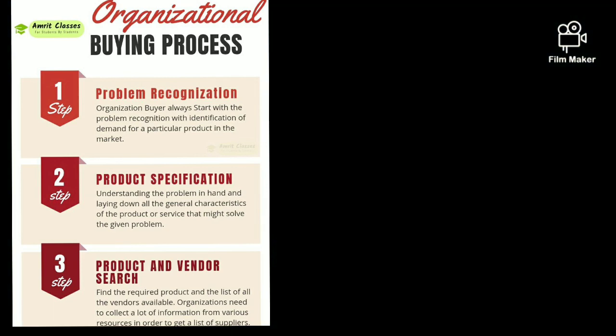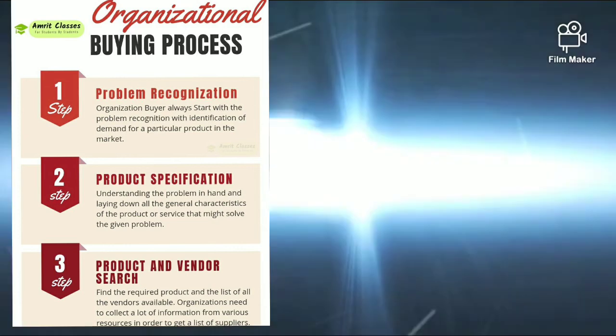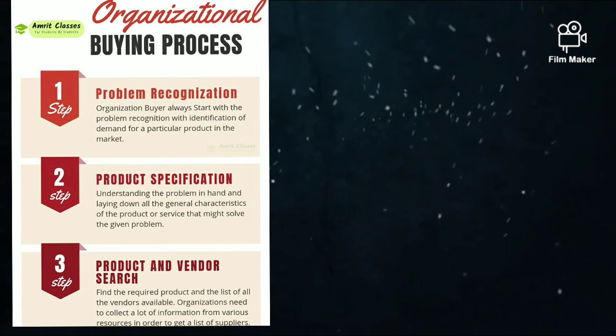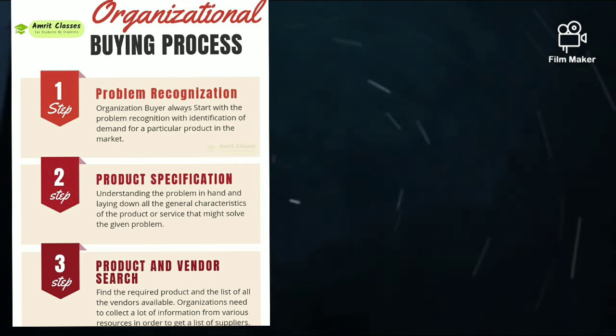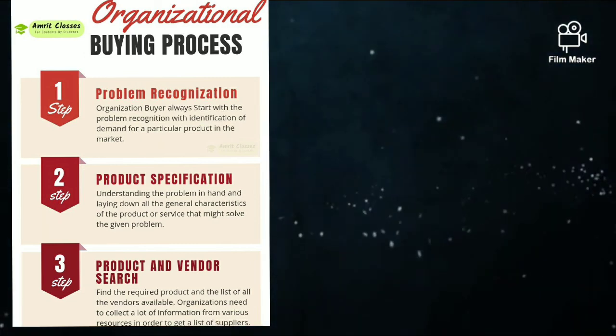That is step 2, product specification. This stage involves clearly understanding the problem at hand and laying down the general characteristics of the product or services. For any organization, it is necessary to estimate the exact quantity and the period in which the product needs to be delivered. For example, in the previous step, you identified that your customers are shifting from burgers to sandwiches.